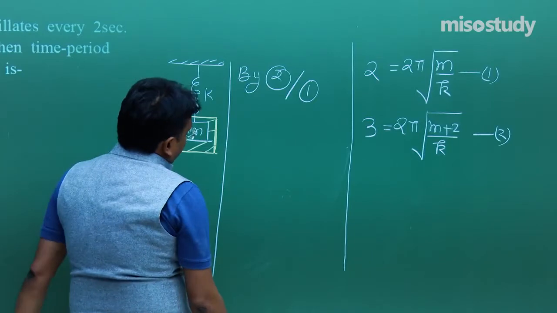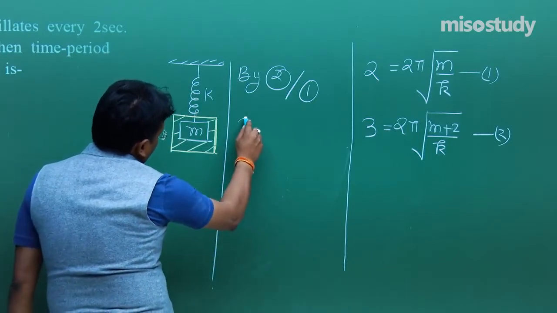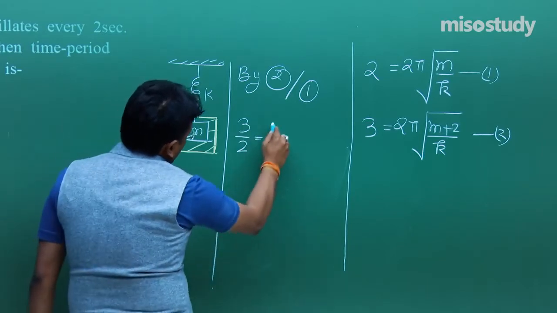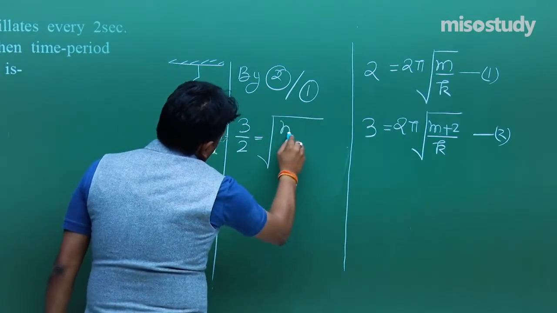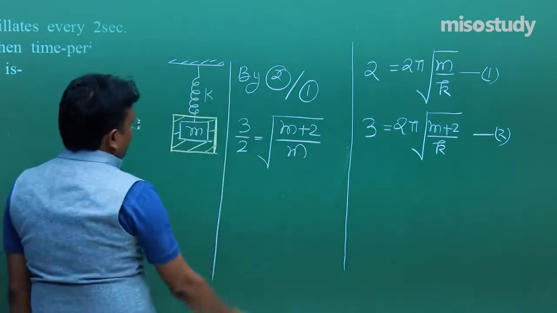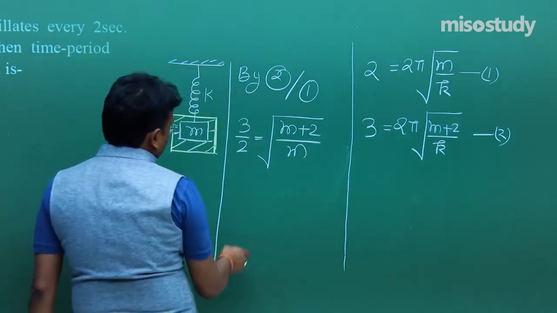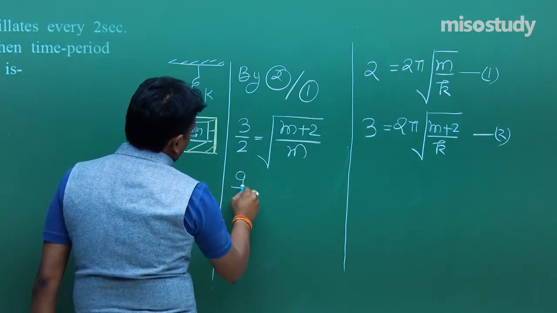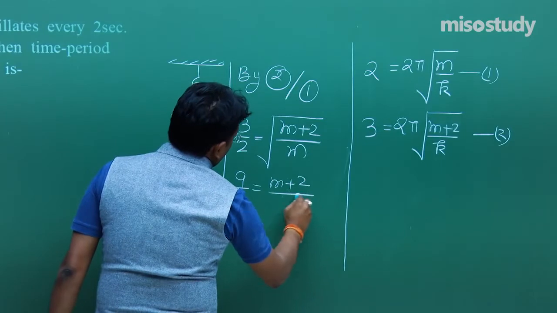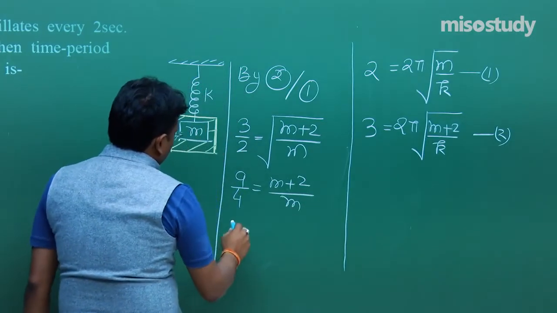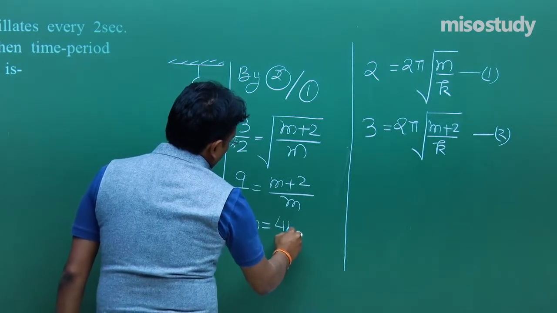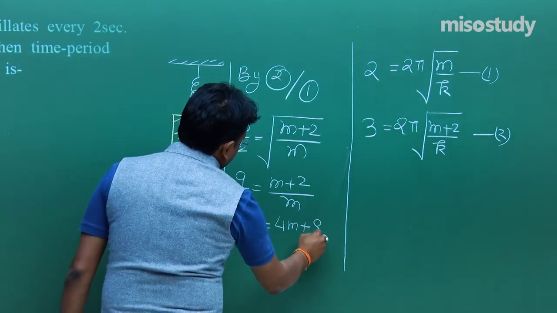So T2 divided by T1 means it is going to be 3 by 2, 2 pi is going to be cancelled, is equal to root of m plus 2 by m. Let us square both sides. So it is 9 by 4 is equal to m plus 2 by m. So this will give you 9m is equal to 4m plus 8.